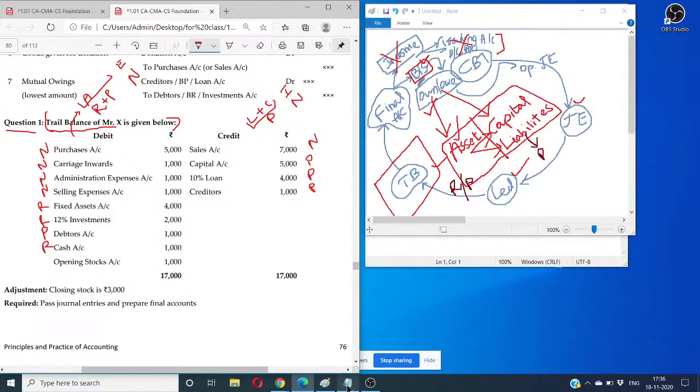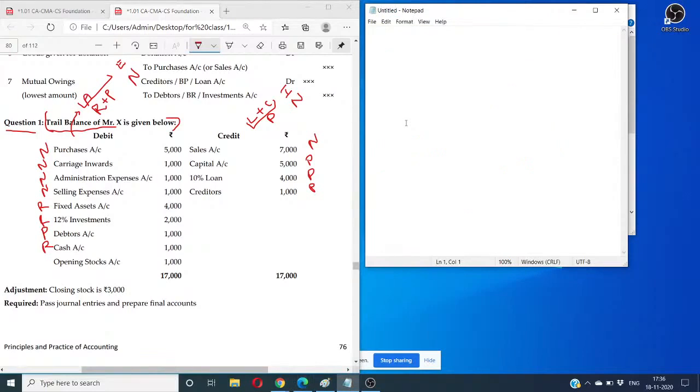Now, the easiest way is to find out what the company owns and what the company owes. I'll write the owings on the left hand side and what they own on the right hand side. Right? All the assets held by the company will be coming under the owning side. And the things the organization has to pay will be coming under the owing side.